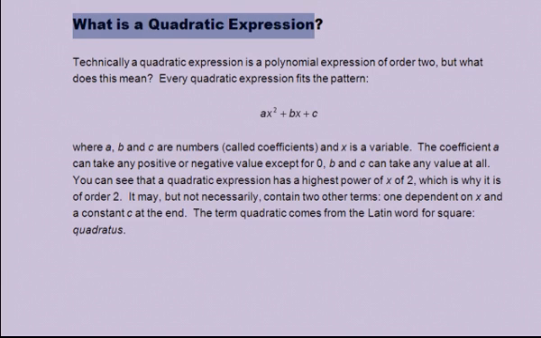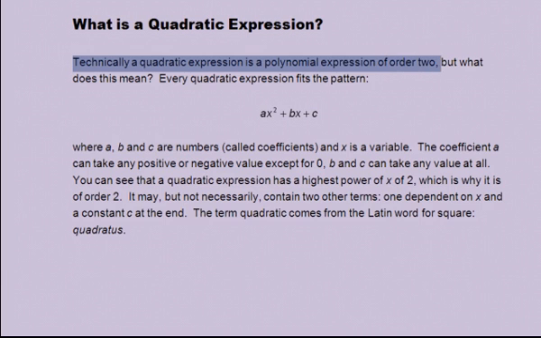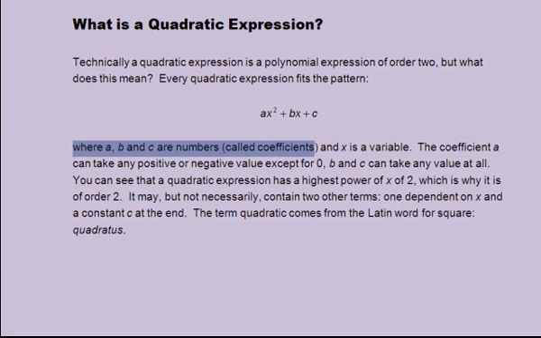What is a quadratic expression? Technically, a quadratic expression is a polynomial expression of order 2. But what does this mean? Every quadratic expression fits the pattern ax squared plus bx plus c, where a, b and c are numbers, called coefficients, and x is a variable.